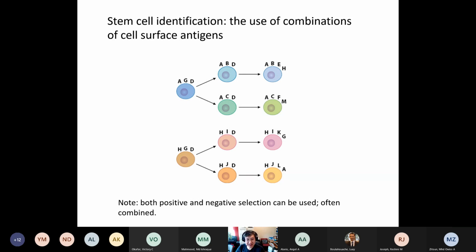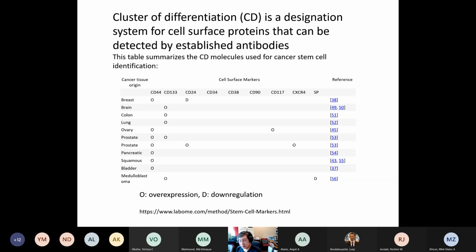So let me jump to the next slide to first introduce to you a nomenclature system, which is called the cluster of differentiation, or CD. CD is a designation system for cell surface proteins, and those proteins must be able to get detected by established antibodies.